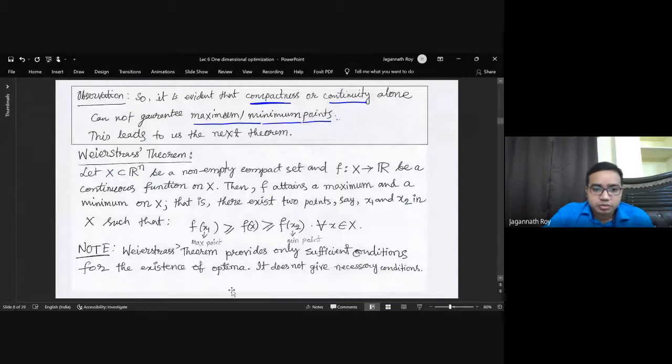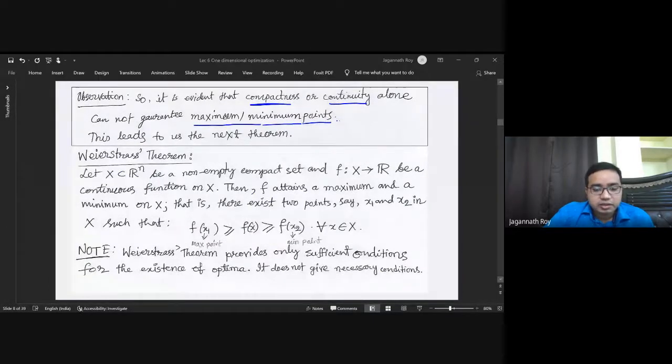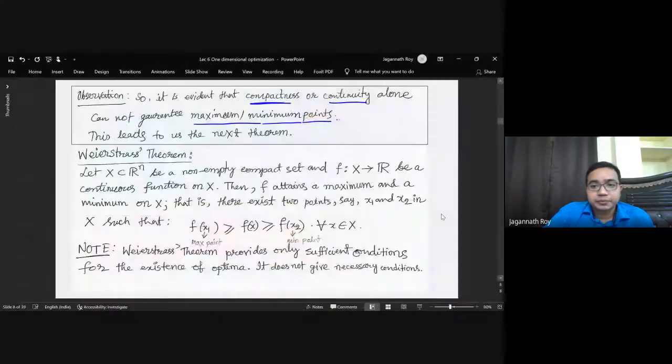So this is the Weierstrass theorem, a very important theorem actually. It says: for a given subset X of R^n, X be any non-empty compact set. Remember, we are talking about a compact set.